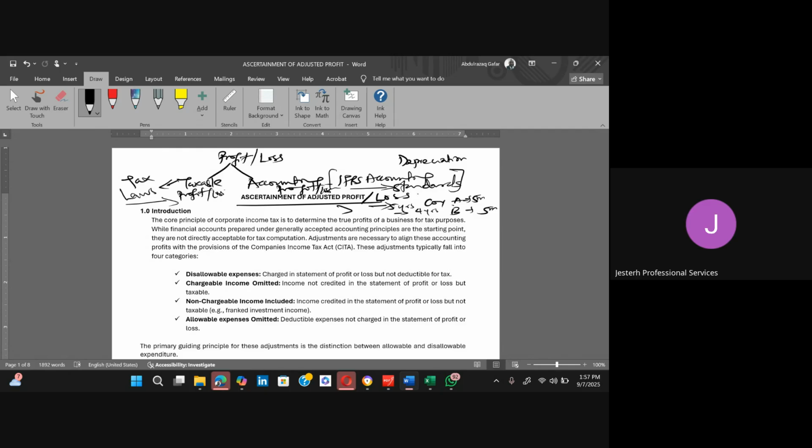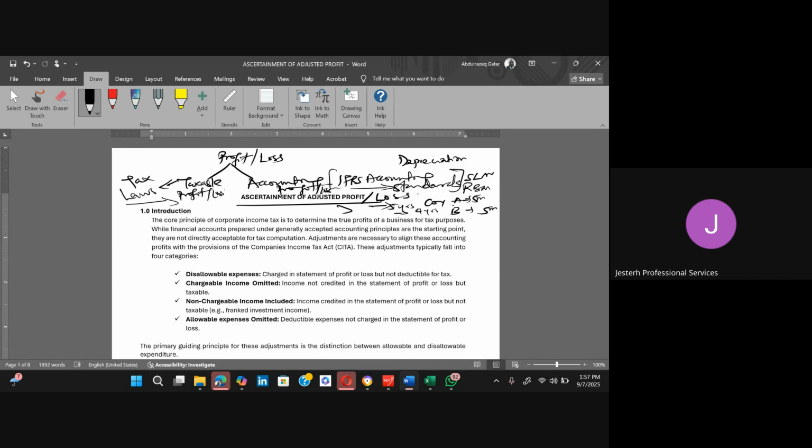So, because of these differences, the tax authority came up with a law saying no, we cannot accept a situation where the same type of assets used by two different companies will be charged using different rates or different accounting policies. Company A may even decide to use the straight line method to compute its depreciation, while company B may decide to use the reducing balance method.